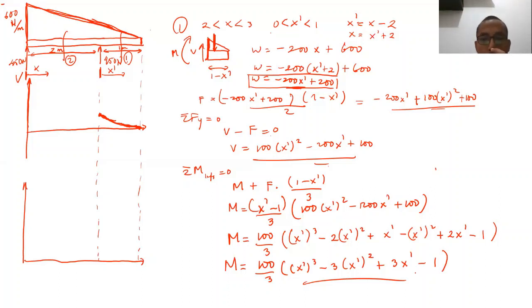Yep, 0. So when x(n) equals 0 it is minus 100/3, which is around minus 33.3 at the moment, till it reaches 0.